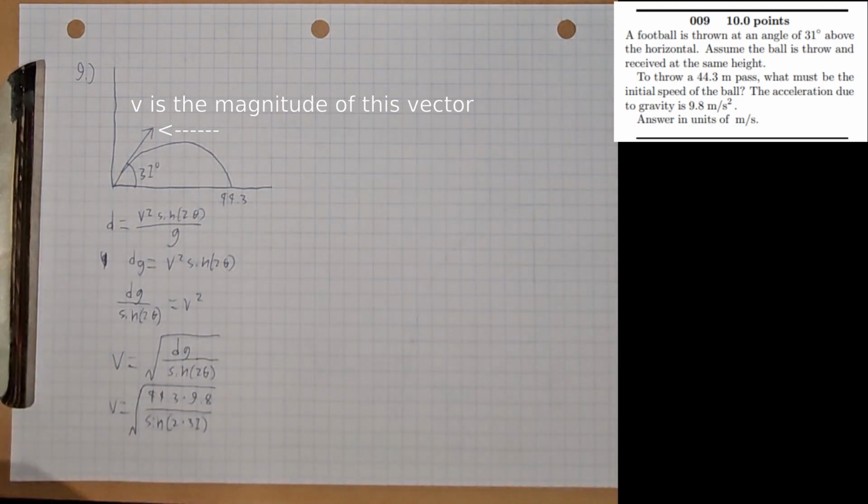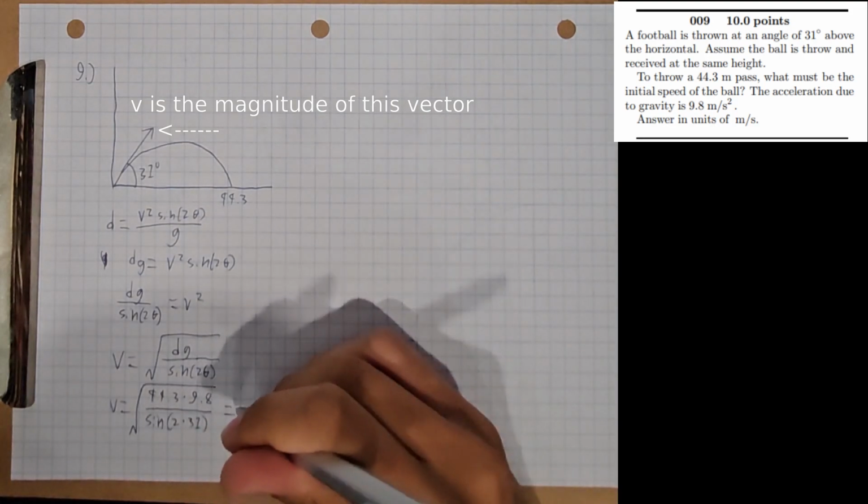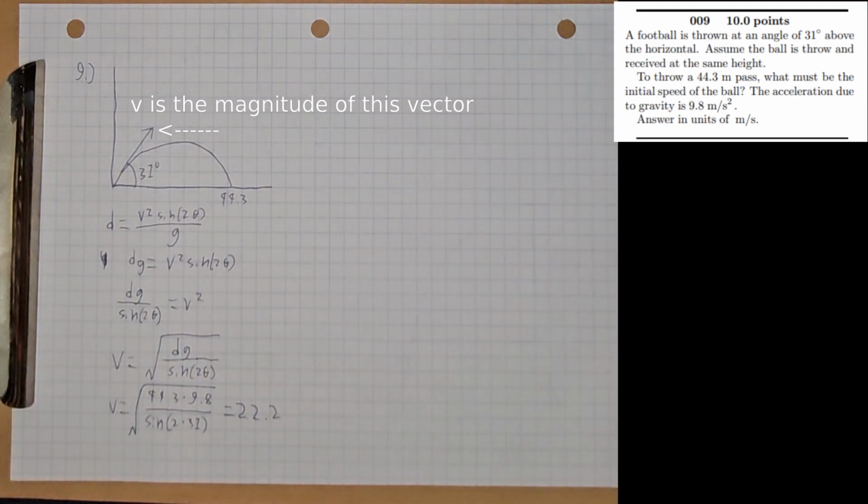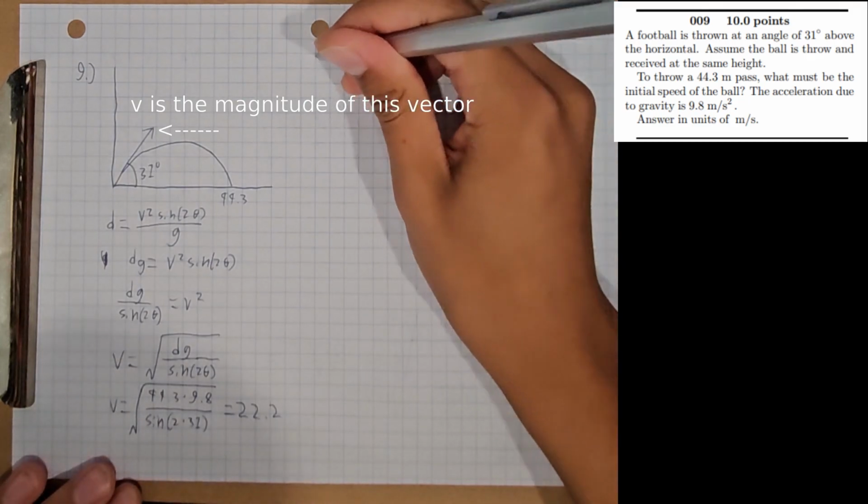If I put this onto a calculator, I get a value of approximately 22.2, which is the correct answer for question 9 for me.